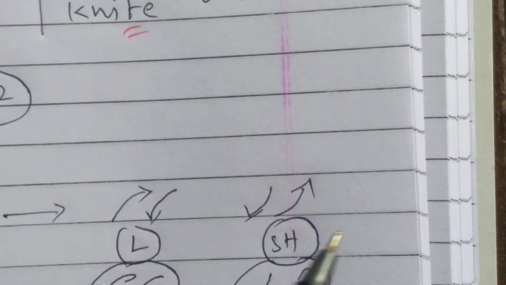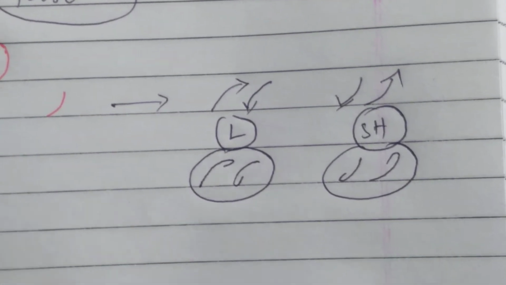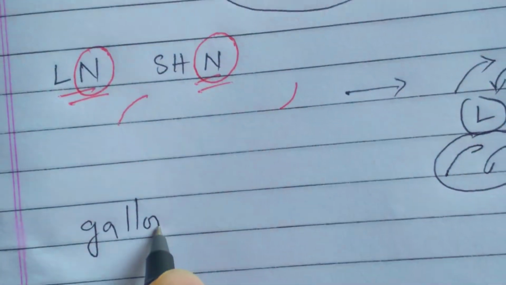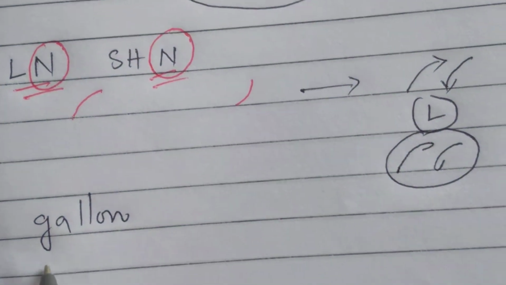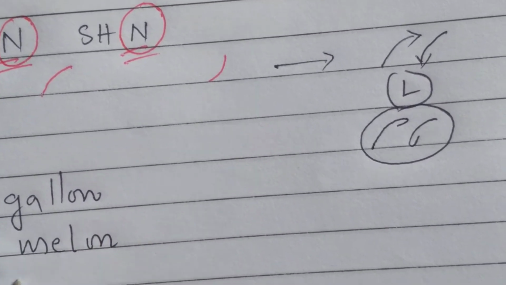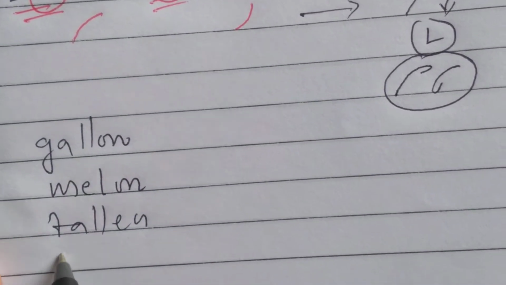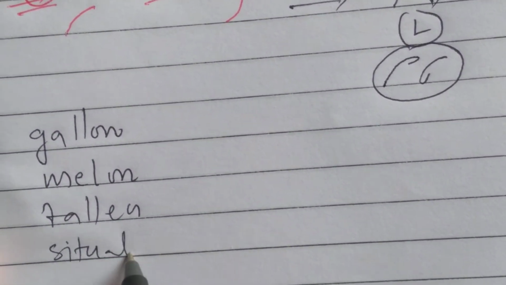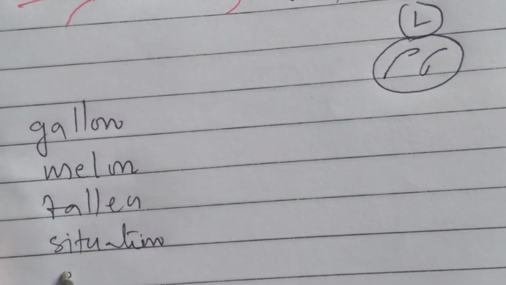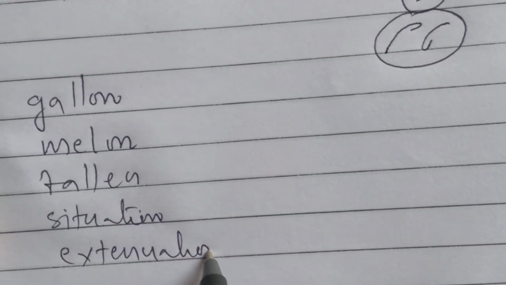It is very feasible to write in words. Now I am going to give a few examples for this: gallon, melon, fallen, situation, extenuation.